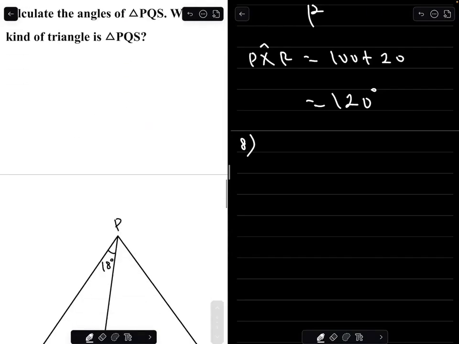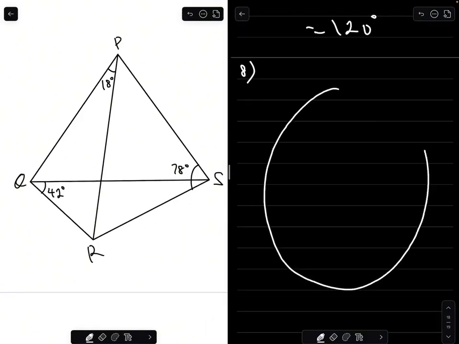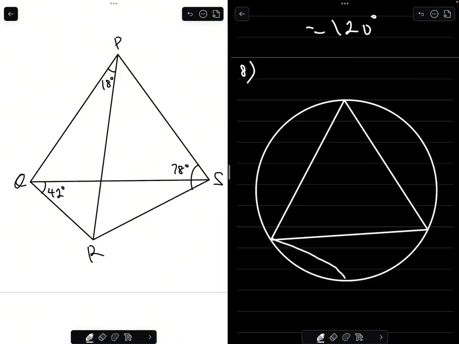Okay, PQRS is a cyclic quadrilateral. Let's have a shape. Now let's put the quadrilateral inside it. Let's say diagram.